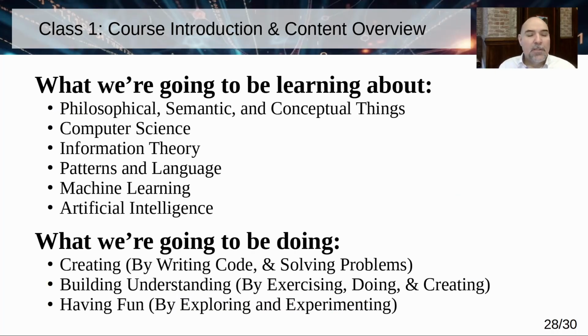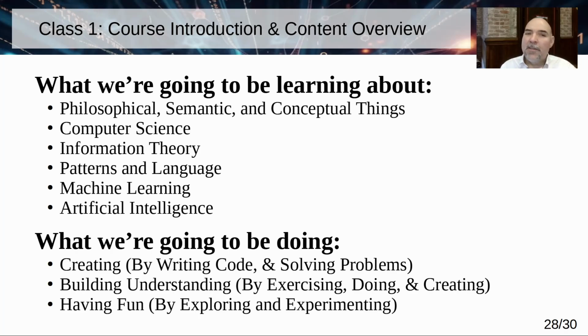Now, what are we going to do? So quick overview. We're going to be learning about some philosophical, conceptual, semantic things related to AI. We're going to be doing some computer science and learning about that. We're going to be learning information theory. We're going to be learning about patterns and language and how information theory and computer science relate to that.